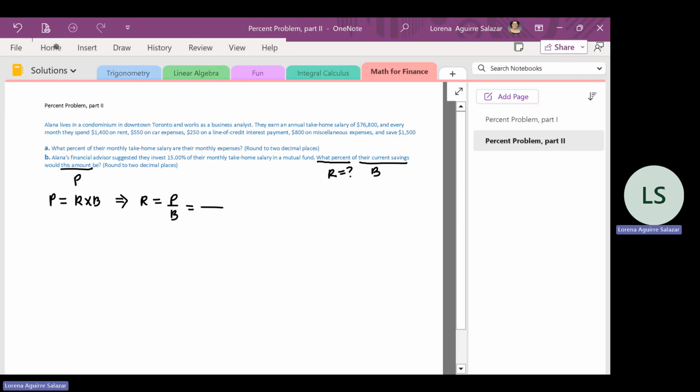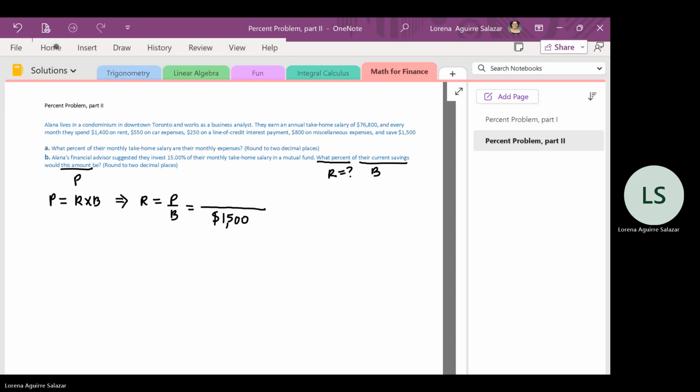So here we have $1,500. Okay. And the portion is the amount the financial advisor suggested Alana invests in a mutual fund.